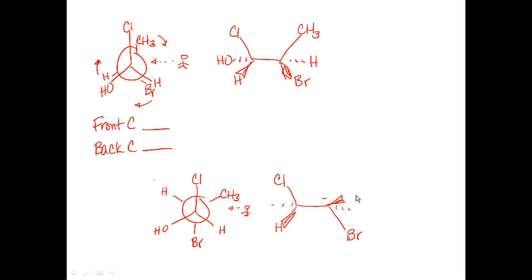The methyl group is pointing towards me. The OH on the left carbon, which was the front carbon, is here. The H over there is pointing away from me. And notice, to get from the top structure down to the bottom structure, all I did was rotate 60 degrees and move the methyl group towards me.